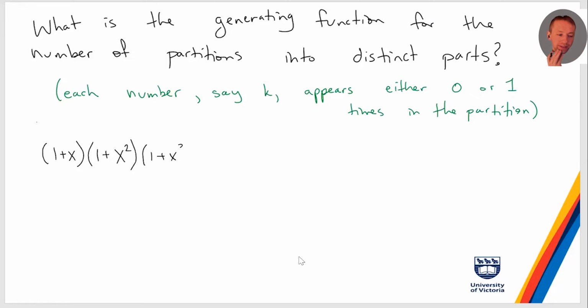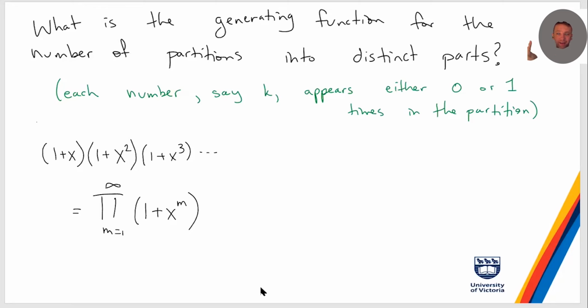So again, if you really understand what we did for partitions, then this shouldn't be a big jump in logic to understanding how you do partitions into distinct parts, right? Because you just take away all the terms here which would correspond to having more than one of a given number in the partition. So this is the product m equals 1 to infinity of 1 plus x to the m.